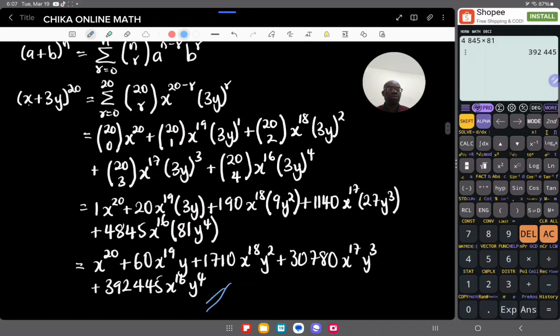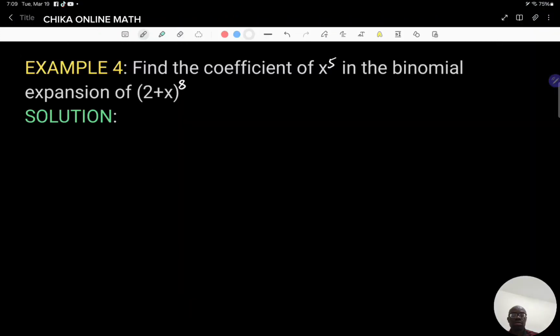So next we'll move over to example 4, okay? In our example 4, we are asked to find the coefficient of x raised to power 5 in the binomial expansion of 2 plus x raised to power 8, okay? So to start, we'll write the binomial expansion formula, okay, which is what?